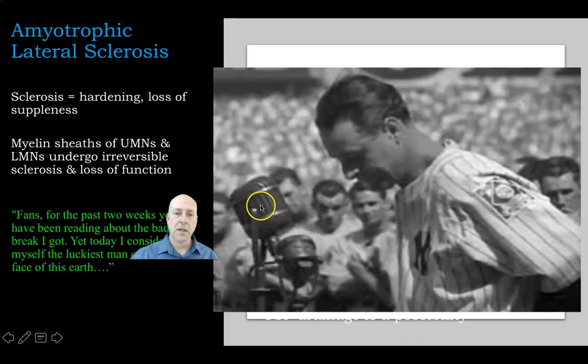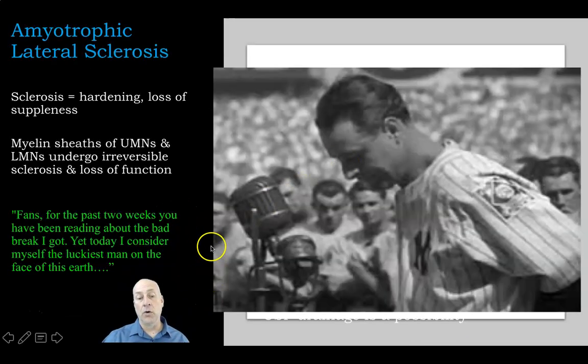For the most part. All right, and speaking of lower motor neuron, so upper and lower motor neurons undergoing irreversible sclerosis. What is sclerosis? Hardening. Arteriosclerosis is hardening of the arteries, right? This is lateral sclerosis. It's hardening of the myelin sheath. So they're not being degraded as in loss of myelin, but they are hardening, and it is very slowly just kind of choking out your neurons because there has to be some fluidity in the myelin sheath.